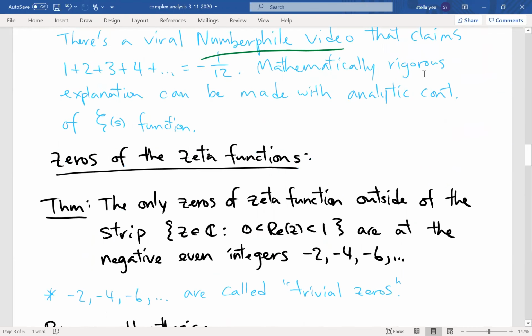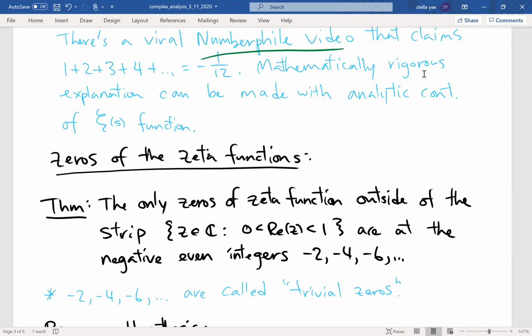Okay, so it turns out that the zeros of these functions have a significant meaning as far as how the prime numbers are distributed. So let's talk about the zeros. It turns out that there are some zeros that are easy to understand, and there are some zeros that are harder to understand.